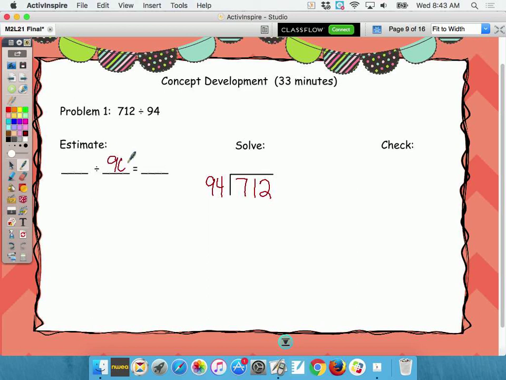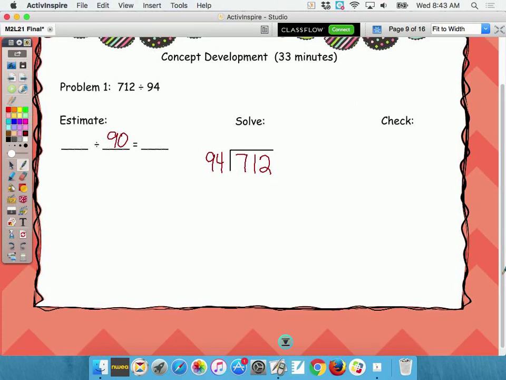Because I know how to count by 9s really well. So skip count by 9s. I could probably stop at 720, can't I? Yeah.